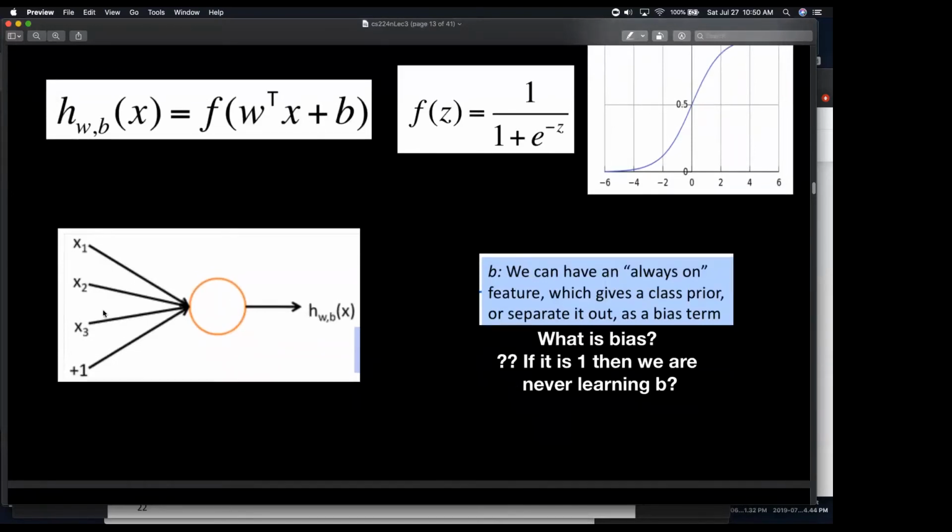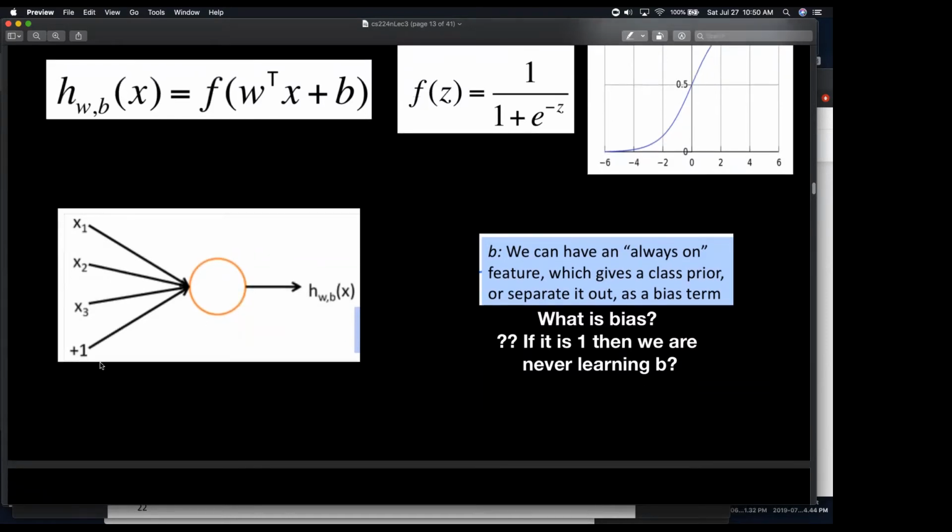An important thing to notice is that in ANNs, the bias is represented with a +1. So what this means is, if you look at this equation, you're doing W times X, where X is this vector comprising X1, X2, X3, and 1 right at the end, and you're multiplying W into this.